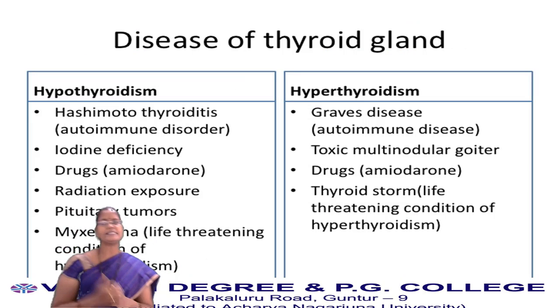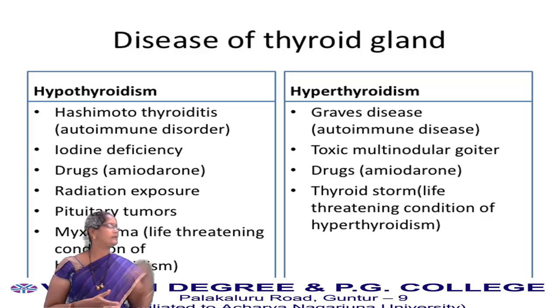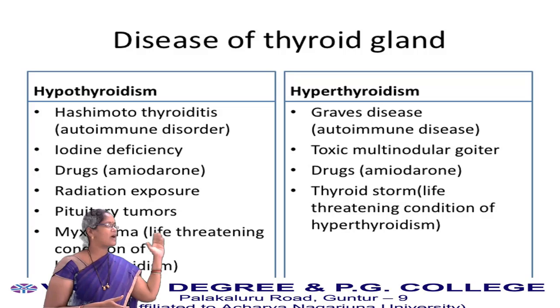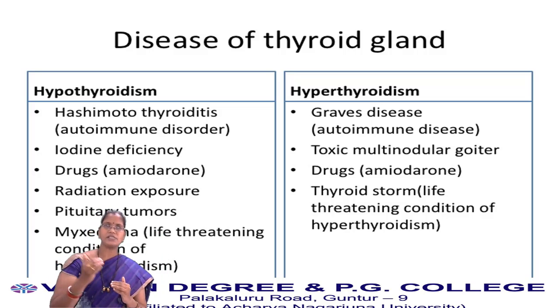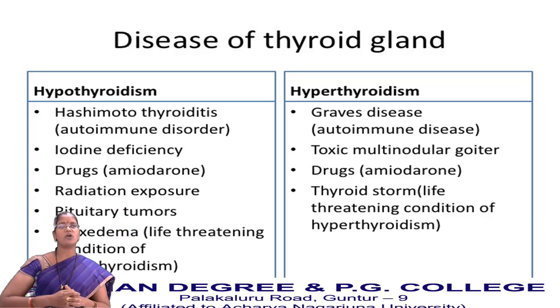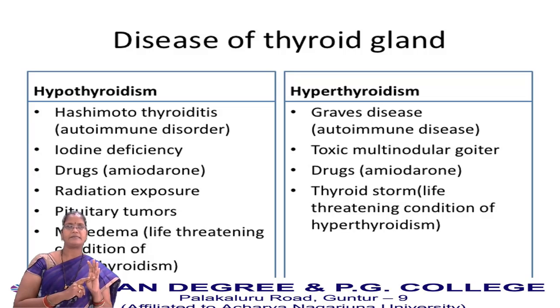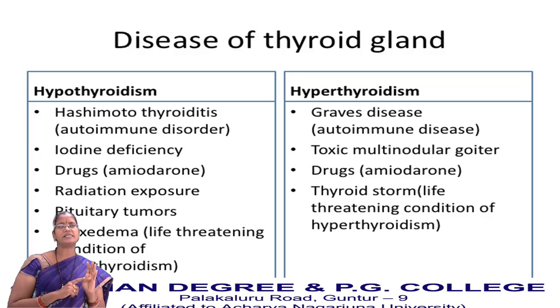So what are the diseases related to the thyroid gland? Now we will see the diseases of the thyroid gland. In the case of hypothyroidism, that means if the thyroid hormone secretions are less, mainly Hashimoto thyroiditis, which is an autoimmune disorder.